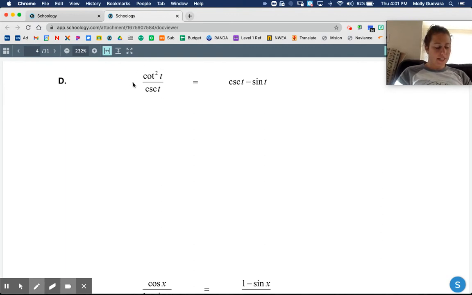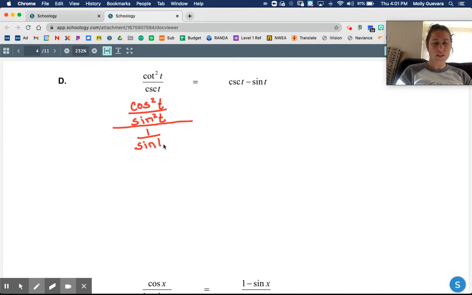So the trick of getting it down into sines and cosines can be really helpful. Here, cotangent squared is cosine squared over sine squared. And that's over cosecant. Oh sorry, it's not cosecant squared, it's just cosecant. Cosecant is 1 over sine. I don't like writing a complex fraction like this, so how I typically would write it is cosine squared of t over sine squared of t divided by 1 over sine t.